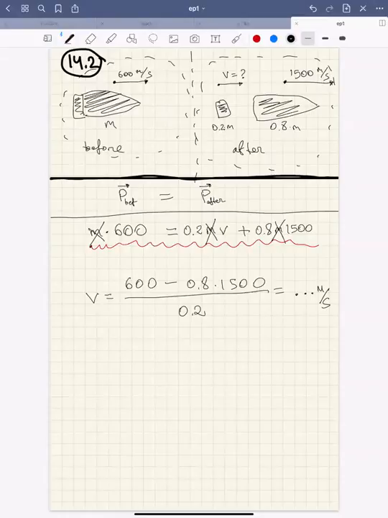You should also be mindful of the signs. If you get a plus sign for this velocity, this means that the cargo continues moving in the same direction. But if you get a minus sign, this means that the cargo is now moving in the opposite direction.